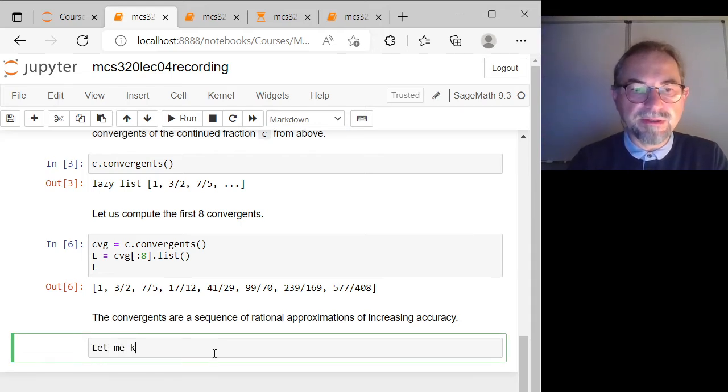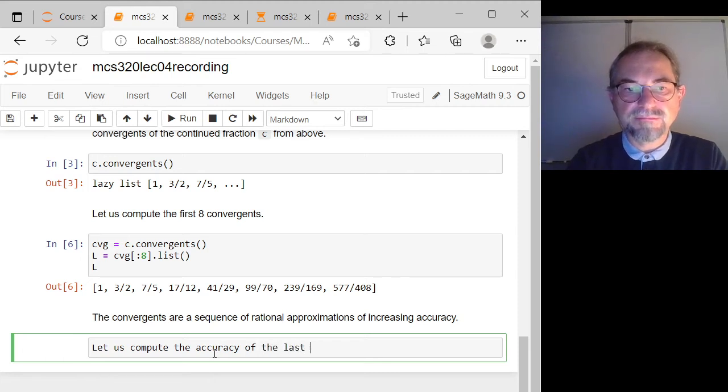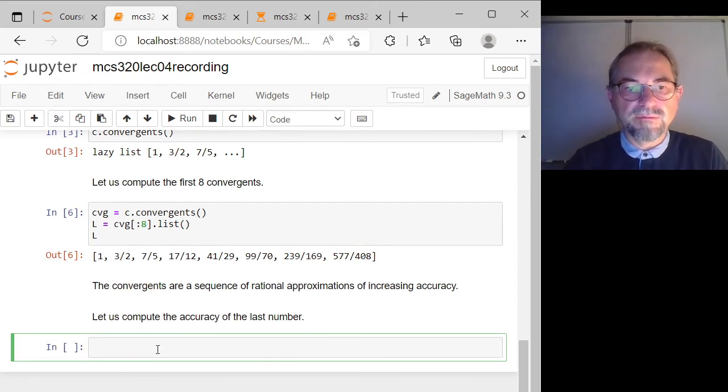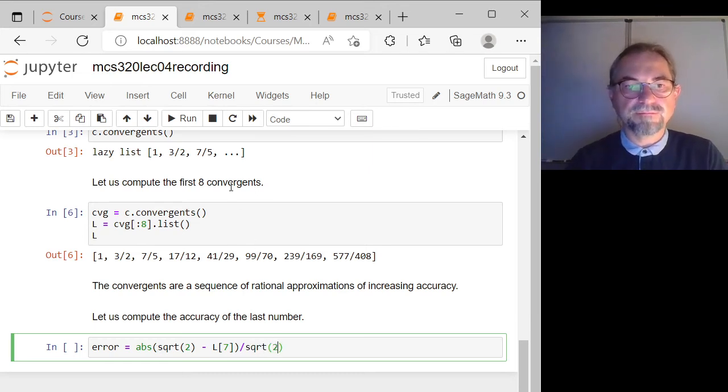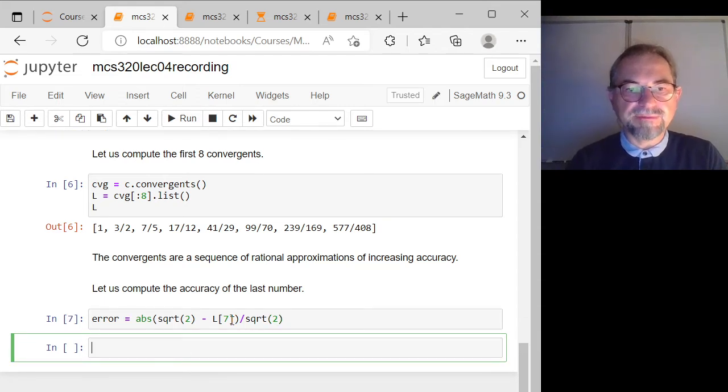So let us verify this. The accuracy of the last number in the list. So what's the error there? So the error is the absolute value of the square root of 2 minus the last number. Note that we are starting to count from 0. So we have this error now.